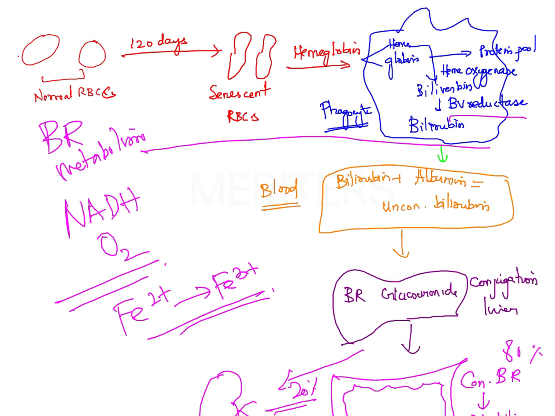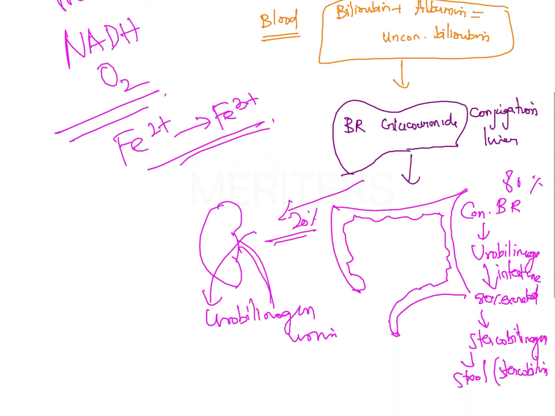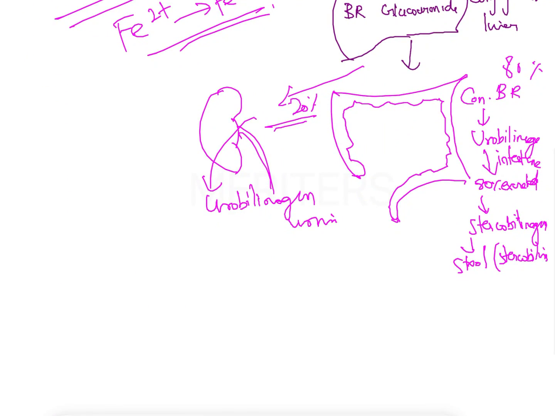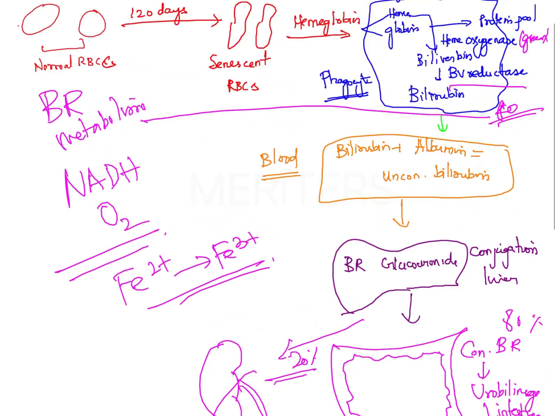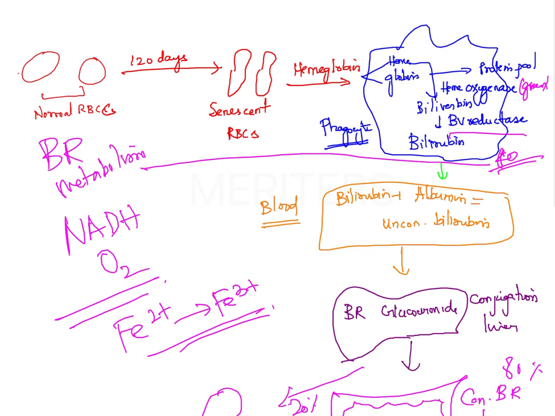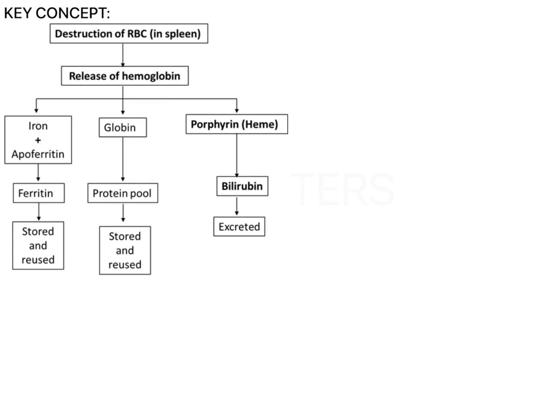So this is predominantly green and this is predominantly red orange. Here your final product will be yellowish brown. If you understand this flow chart, you can answer any type of question on the formation of bilirubin, and even jaundice you can understand very easily.